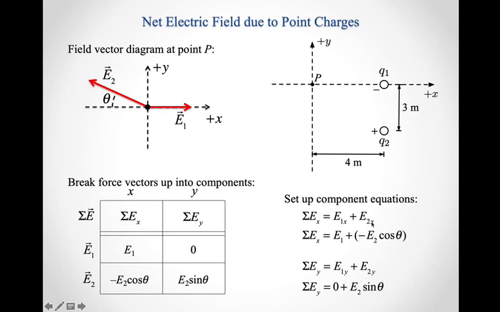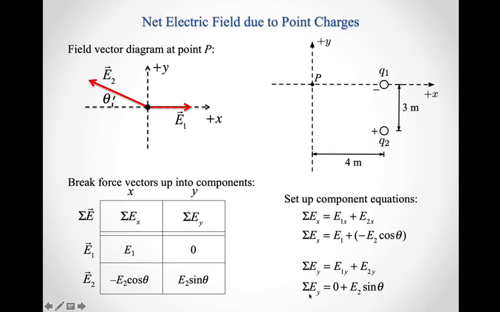And again, I'm just emphasizing vector addition, and the minus sign is because the component of that E2 vector points in the negative x direction. My y component equation, E1 lies along the x-axis, so its y component is 0, plus E2 sine theta.